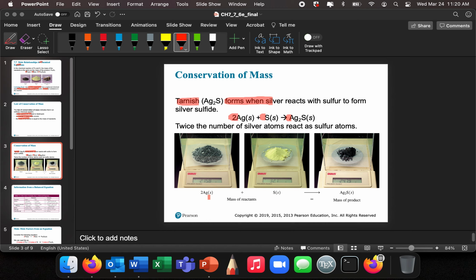Now, if we take 2 moles of silver, that's going to be 215.8 grams. And if we take 1 mole of sulfur, it's 32, right? So what's the sum of that? 215 plus 32 is about 247, right? You see it? And there it is. That's the law of the conservation of mass, that what we start out with is what we're going to end up with in terms of mass.